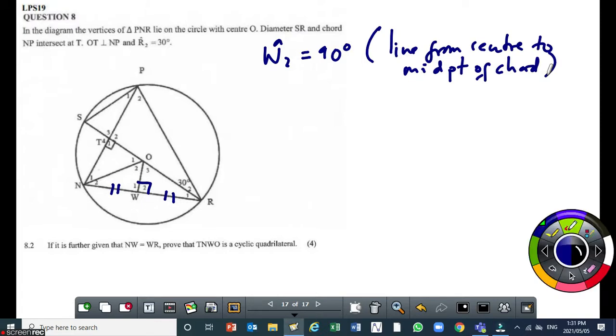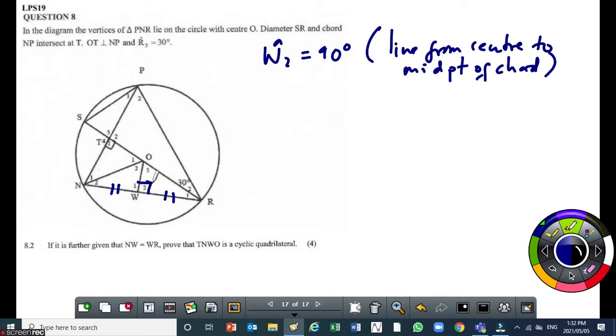The reason why this angle is 90 is because of the converse of theorem 1, line from center to midpoint of chord. Now, to prove that TNWO is a cyclic quad, you have to use any one of the three strategies that I told you about: converse of theorem 4, converse of theorem 5, and converse of theorem 6.